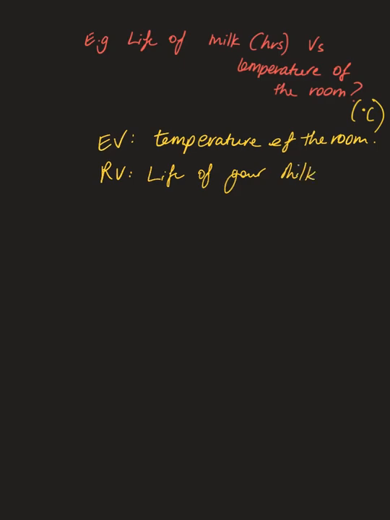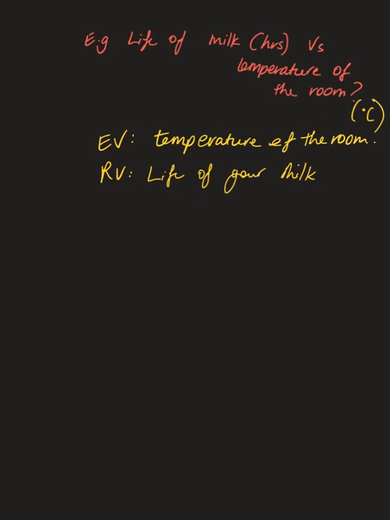Sometimes you'll get something that is a bit ambiguous. For example, the relationship between wrist circumference and height. You could measure each on their own. Just read the question because it may give you a hint, like, can we predict height from wrist circumference? That would mean wrist circumference is your EV and your RV would be your height.